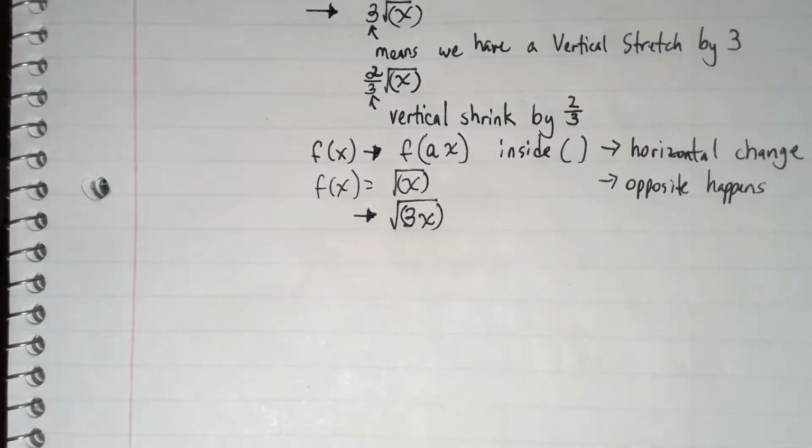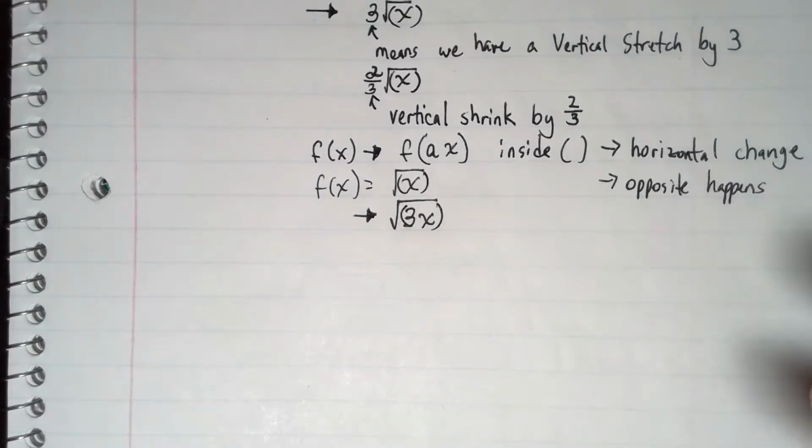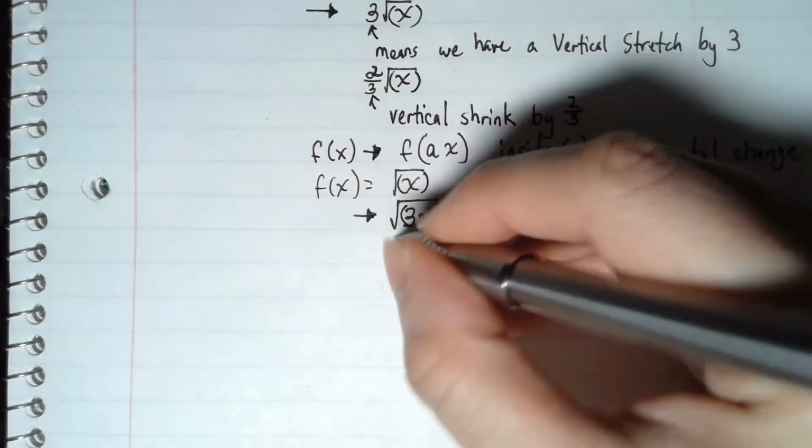And since we are not adding or subtracting, but multiplying instead, we have some sort of dilation. But remember, the opposite happens. So instead of multiplying by 3, actually what happens is divide by 3. So if you're dividing by 3, it actually makes something smaller. So we know that we're inside, so it's horizontal.